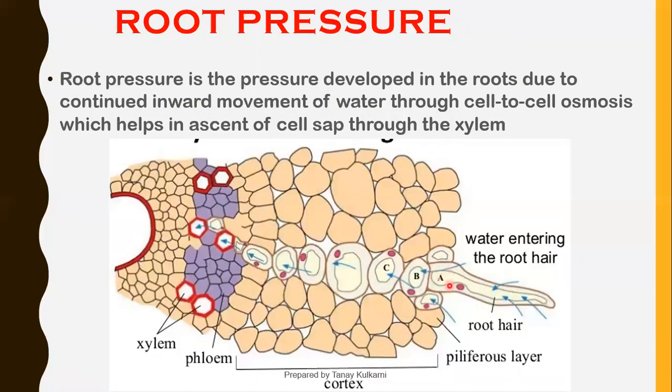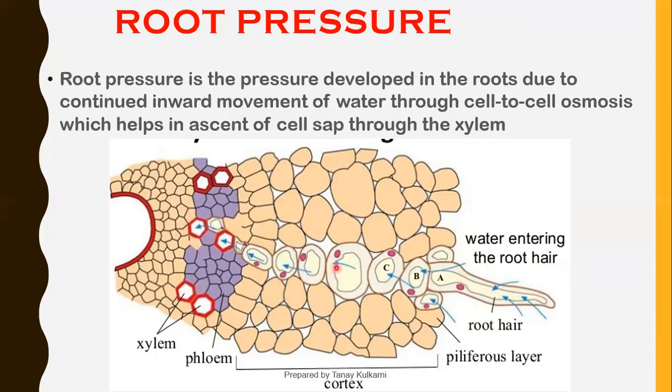And because of that turgor pressure created over here, and lesser wall pressure, the water will move from cell A to B, from B to C, from C to D, E, F, G, and later on it will reach the xylem.